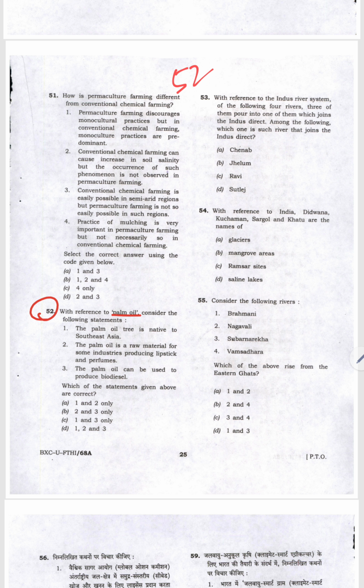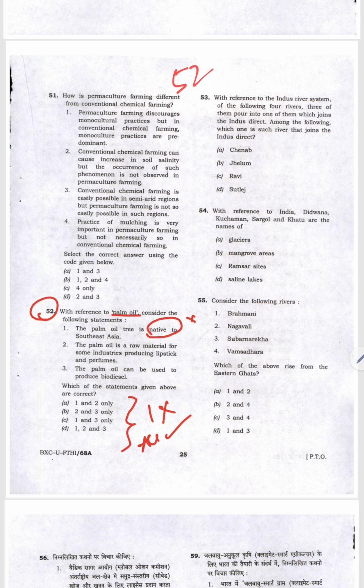Next, in this page 52, with reference to palm oil, consider the following statements. You see, in particular UPSC language, whenever they are saying something is native, something is endemic, that's absolutely wrong. You can directly rely upon it. And also, these options: 1 and 2, 2 and 3, 1 and 3, 1, 2, 3. Either one statement is wrong, or all are right. I always go with one statement being wrong because that's the intuition that I have developed for these kinds of questions.